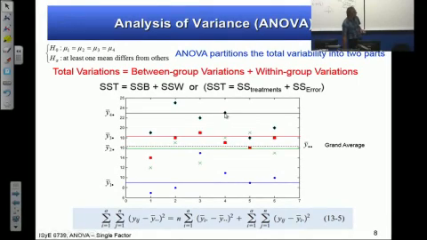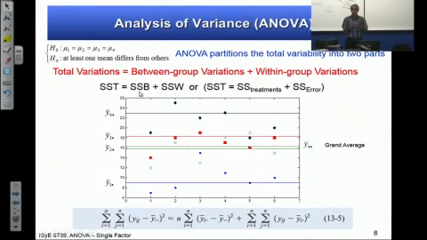So what we can do, we can always compare SSB and SSW. If SSB is much smaller than SSW, then we can say H null cannot be rejected, because mu's are the same. That's the idea behind ANOVA.